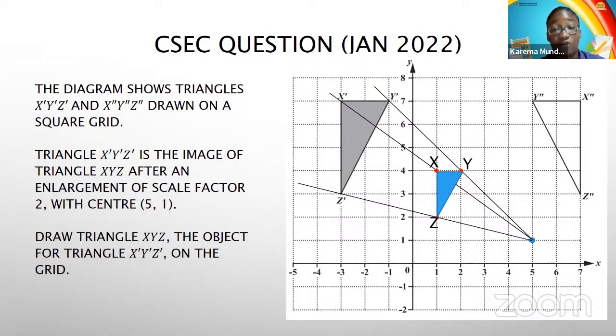So at this point, you should be able to at least tell me what transformation is mapping x prime, y prime, z prime, that's the shaded triangle, to x double prime, y double prime, z double prime. At least tell me what the transformation is.